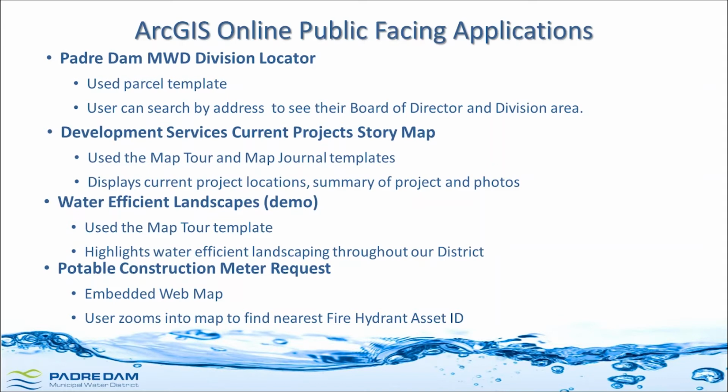They can use the web map to zoom into their project area, find the nearest fire hydrant, get that asset ID, and use that in the form. Once the form is submitted, that kicks off the process internally, that goes through engineering, customer service, and then billing. And everything in the process is tied to the fire hydrant asset ID.